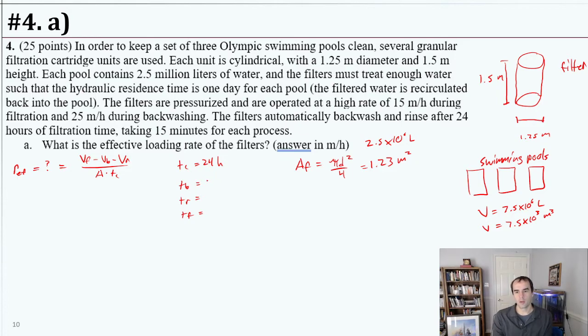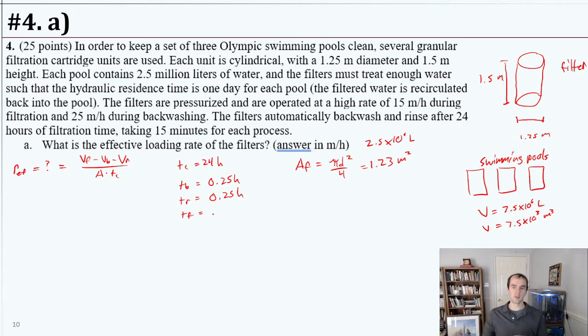So the backwash time is 15 minutes. Well, we know that you can divide an hour into 4 15-minute segments. So that's going to be a fourth of 1 hour, or 0.25 hours. So the time for the backwash is 0.25 hours. The time for the rinse, also 0.25 hours.